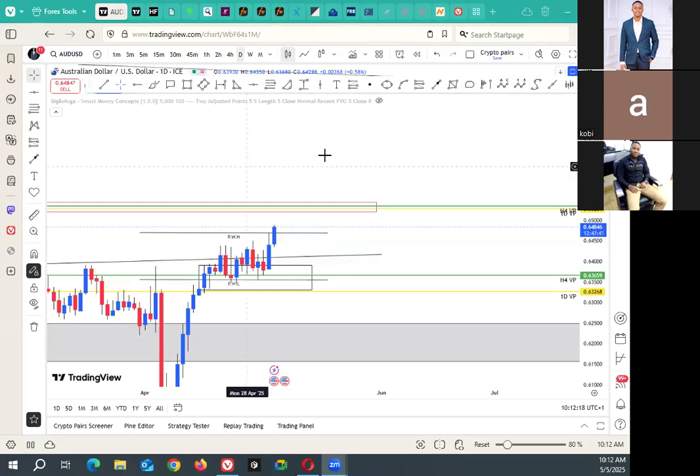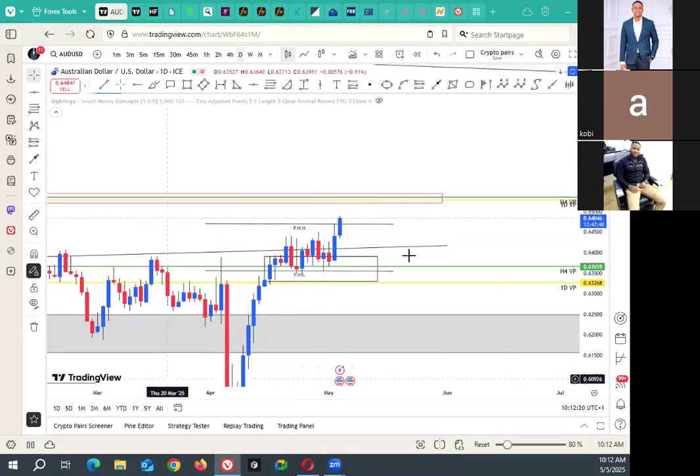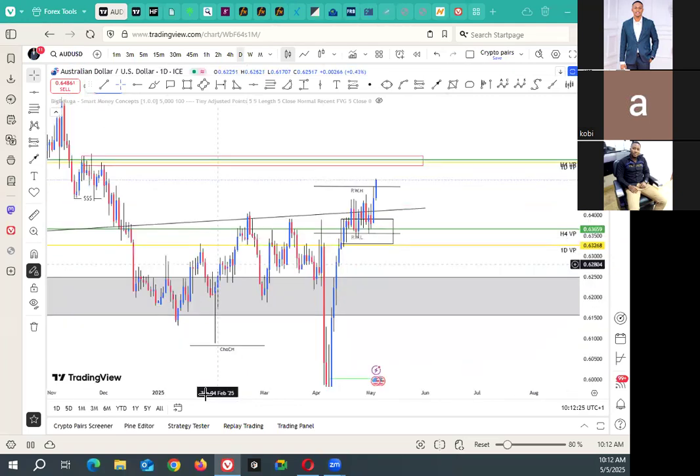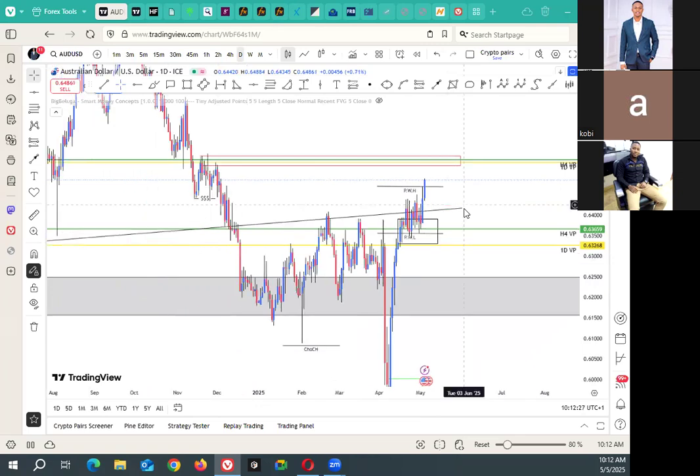Then on the daily time frame, we mark out the supply and demand zone on the daily time frame. Let me take this off.